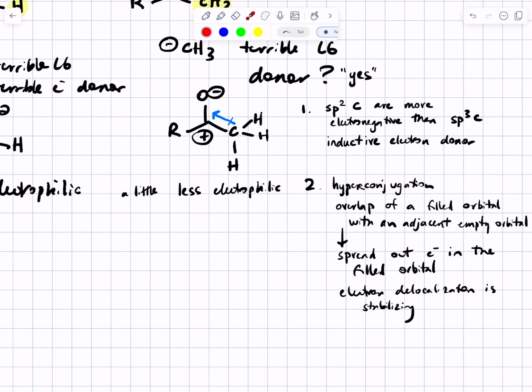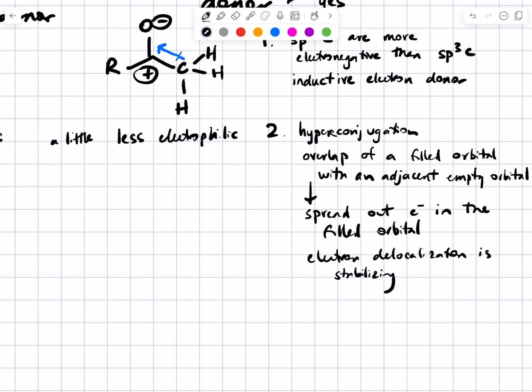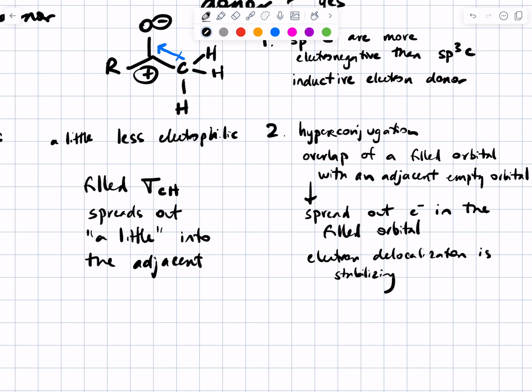CH sigma bonds, right? So what hyperconjugation is here in this molecule, and I can draw you an example of it, but it may be enough just to think about it conceptually. In the case of the ketone, a filled sigma CH pair of electrons, one of these CH bonds, spreads out a little, not completely, but a little bit of partial delocalization into the adjacent carbon-oxygen pi star, which I told you was mostly on the carbonyl carbon last time, right?